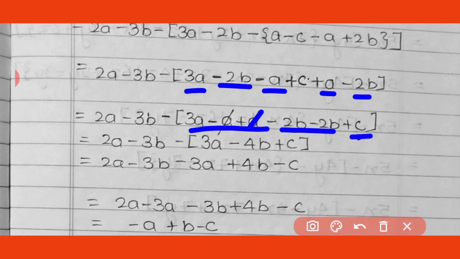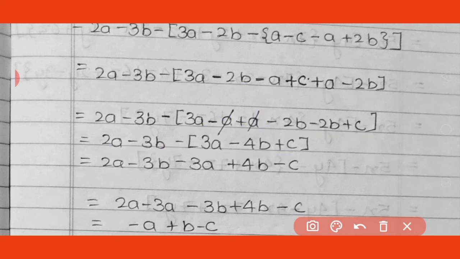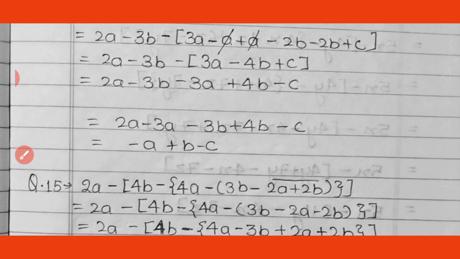The a will be subtracted by a because one was negative and one was positive, so it remains only 2a minus 3b minus, in the large bracket, 3a minus 4b plus c. Now 2a minus 3b, now the bracket is opened, plus 3a changes into minus 3a, minus 4b changes into plus 4b, plus c changes into minus c. So we will put together the like terms.